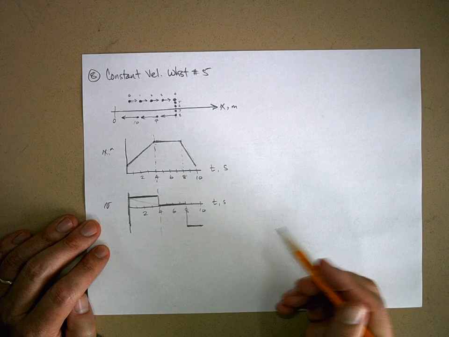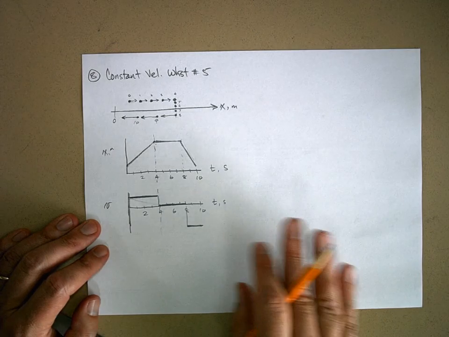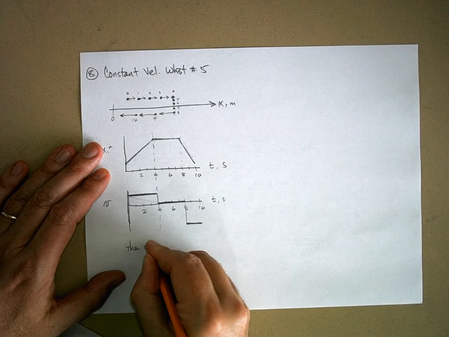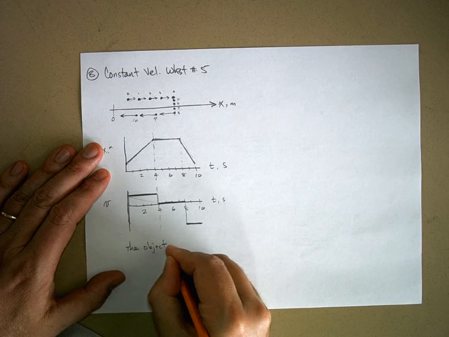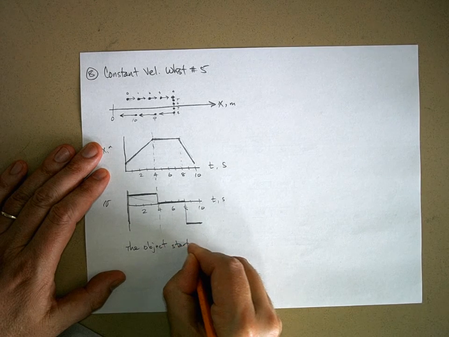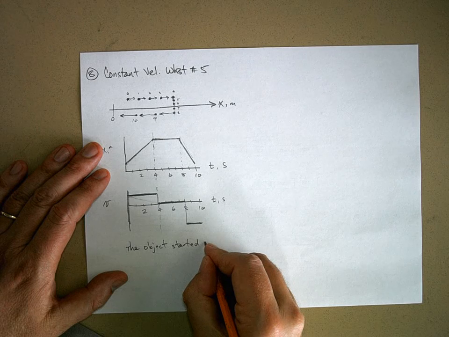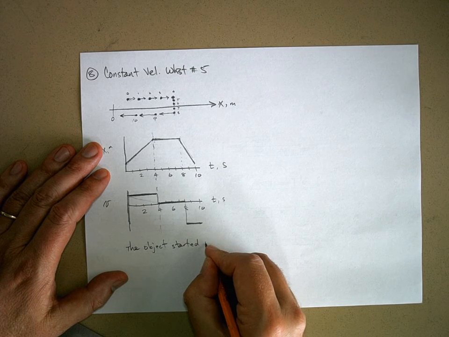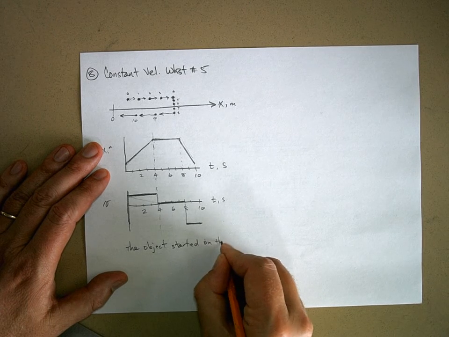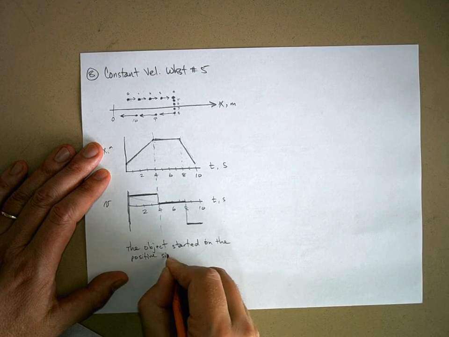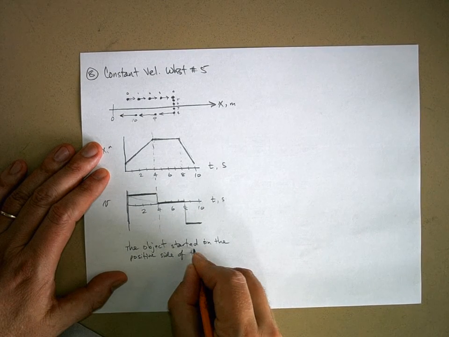And then we can describe the motion in words. I can say the object started on the positive side of the origin.